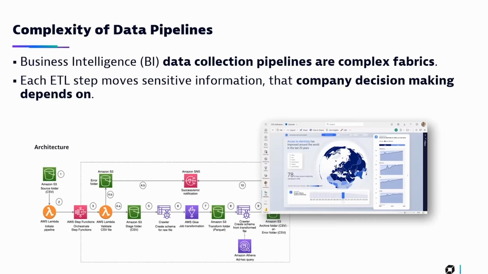And for sure, you know from your own company that those data collection pipelines fulfilling Power BI or business intelligence dashboards and reports tend to grow very complex fabrics. So that's for sure. Our own data pipeline looks much more complex than this small example here.